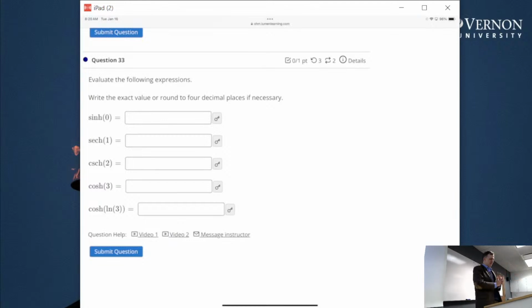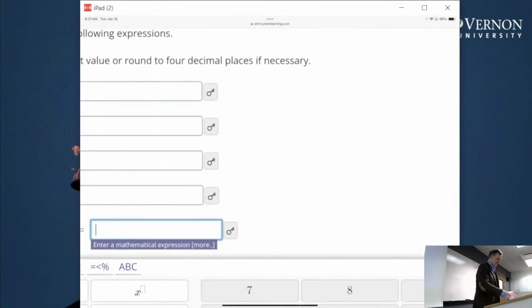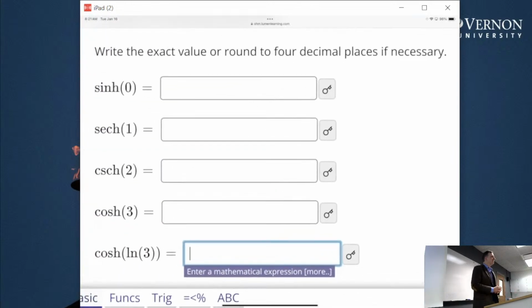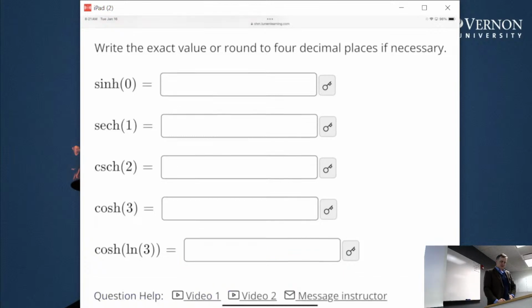So if that makes you feel better, you can ignore those. This is one of those that I should have properly previewed, scrolled to the bottom, and made sure I cut out any of the ones that didn't pertain to what I cared about. Right, anything else that we can do? So once again, I sincerely apologize, seriously. I'm getting used to this new system, you're getting used to it.